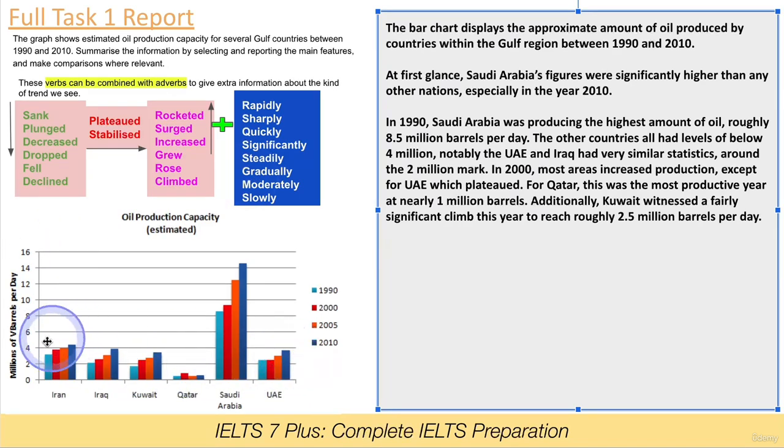So, what's happening here? We've got Iran and Iraq following a very, very gradual increase here. Saudi, on the other hand, has increased by nearly 2 million. So it was around the 9.5 and now it's around the 13.